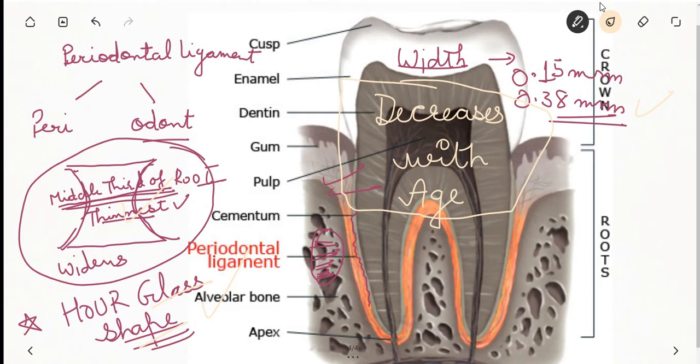What are the fibers that constitute the periodontal ligament? So the periodontal ligament consists of collagen and oxytalan fibers. They are the main fibers.